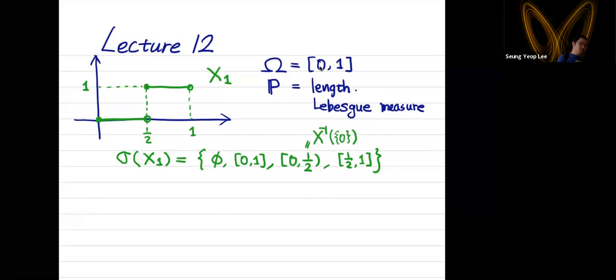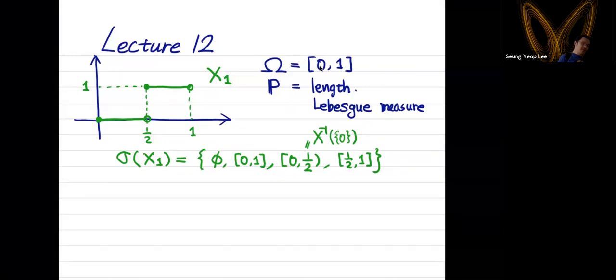Now we have to choose another random variable x2, such that if you find the sigma algebra here, this sigma algebra must be independent of the above sigma algebra. You have to make sure that these two are independent. That's the goal.